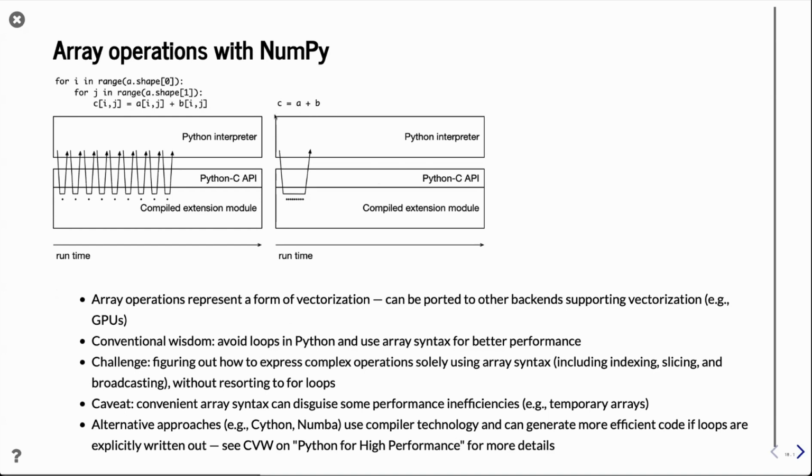So adding two arrays is very straightforward, but in some cases you want to do some complicated set of things, and the challenge is to figure out how to do that. You can use various techniques with indexes and slices, and another technique known as broadcasting that I won't really go into here. But the goal is to figure out how to do that so you're not explicitly writing for loops and accessing subsets of the data.